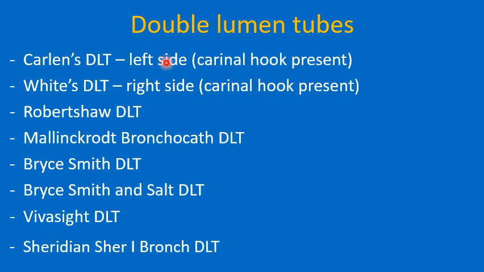Later, all these are modifications of the Carlens tube: the Robertshaw double lumen tube, Mallinckrodt Bronchocath double lumen tube, Bryce-Smith and Salt, Vivasight and Sheridan Sher-I-Bronch double lumen tube. The Vivasight double lumen tube has an inbuilt camera at the bronchial end, so that we can visualize which bronchus the tube is going into.